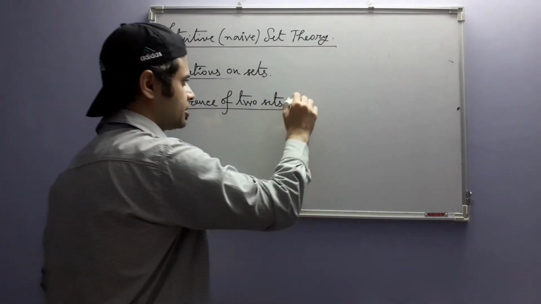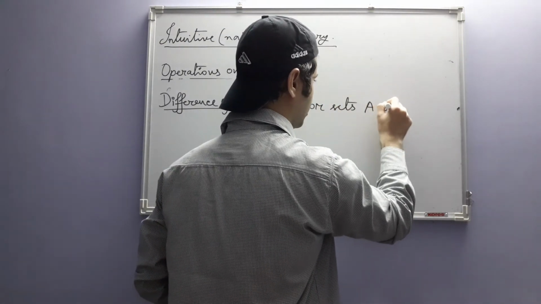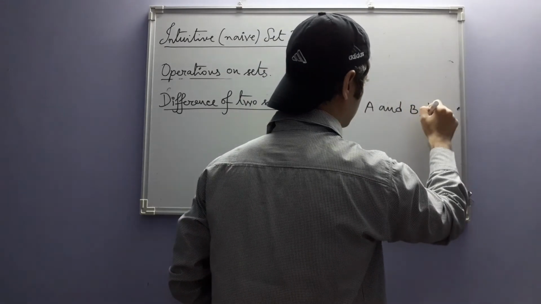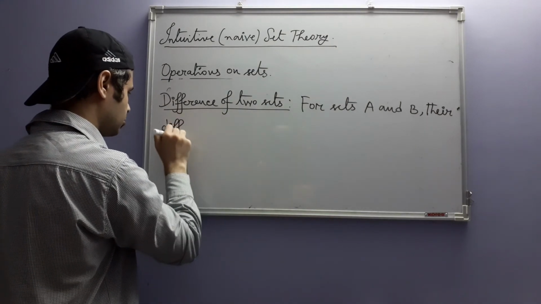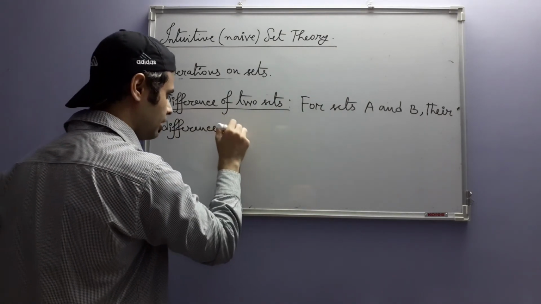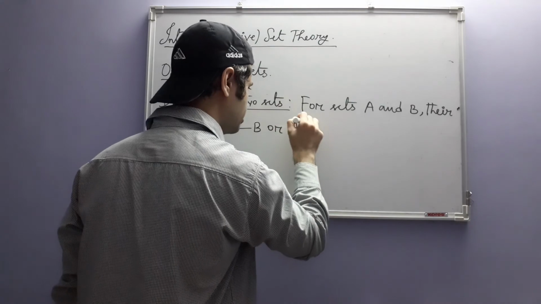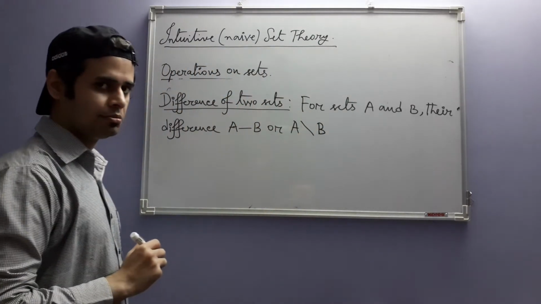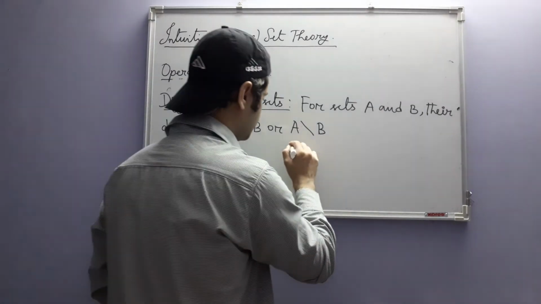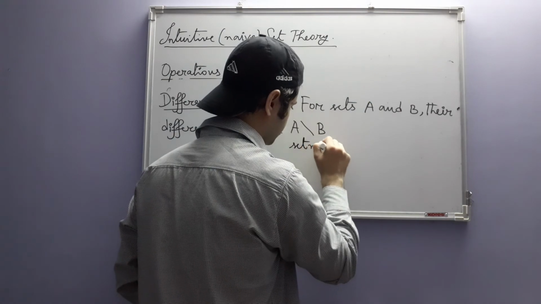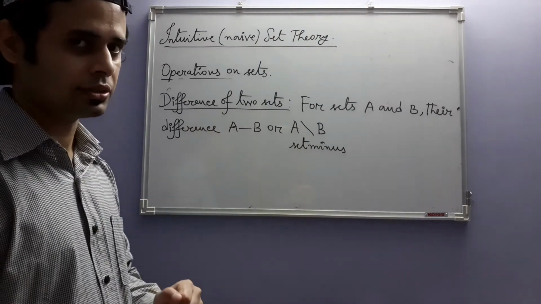Okay, for sets A and B, their difference A minus B, or it is also written like this, A backslash B. This is called set minus this symbol. But you need not say A set minus B, you just simply say A minus B.